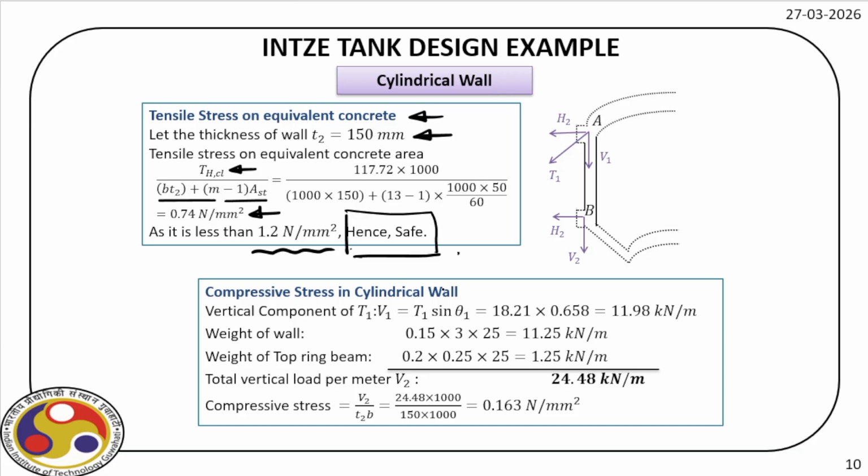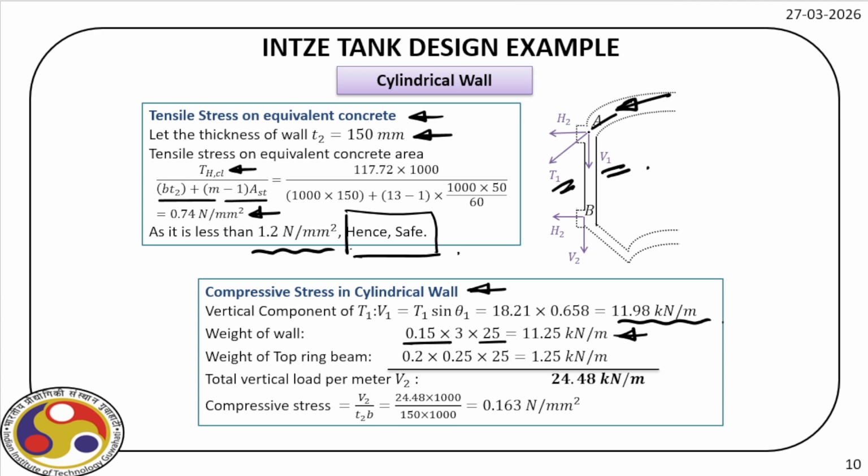So the compressive stress on this cylindrical wall, recall V1, this component V1, it is T1 sine theta 1, so it is 11.98 kilonewton. It is the load coming from the top dome, right? Recall here it was T or T1, its vertical component is coming from the top dome. Then we have the weight of the wall, 150 thickness, 3 meter high, 25 kilonewton per meter cube. So we have 11.25 kilonewton per meter.